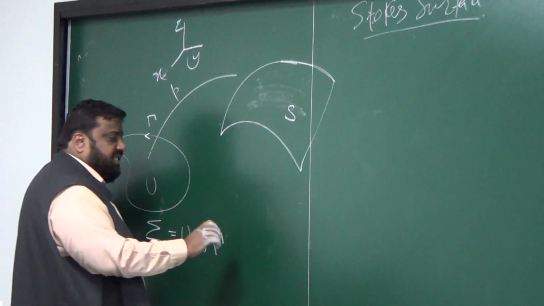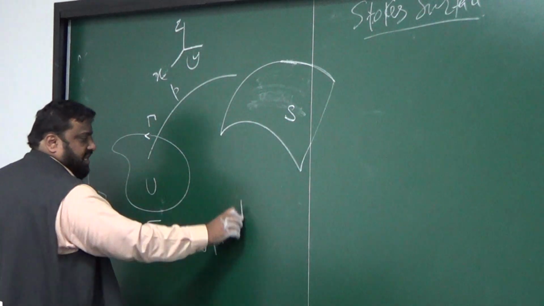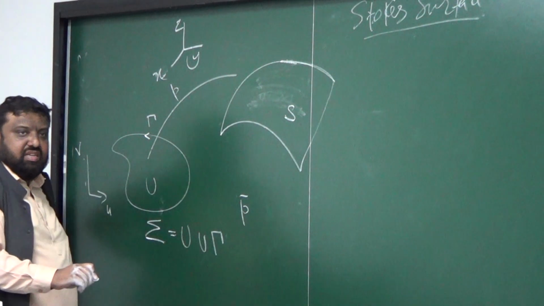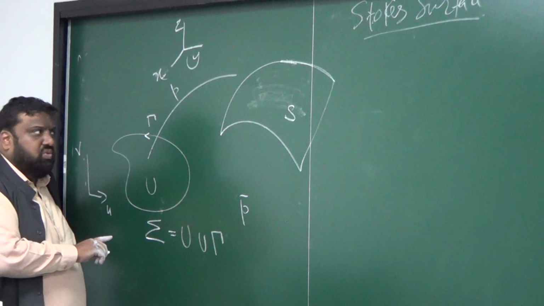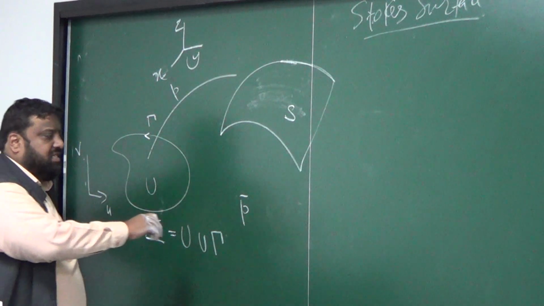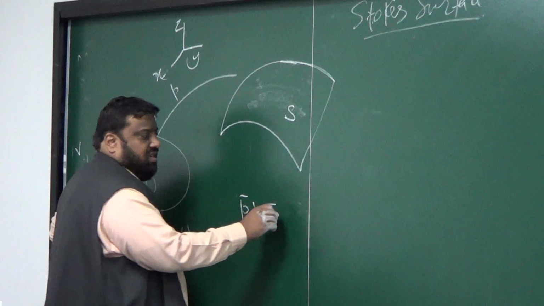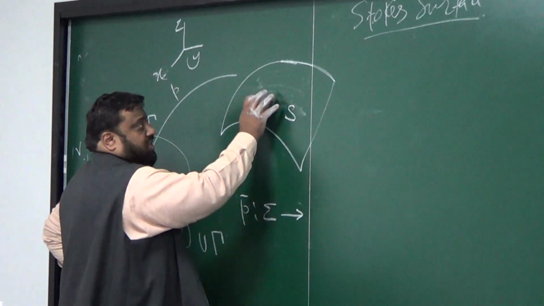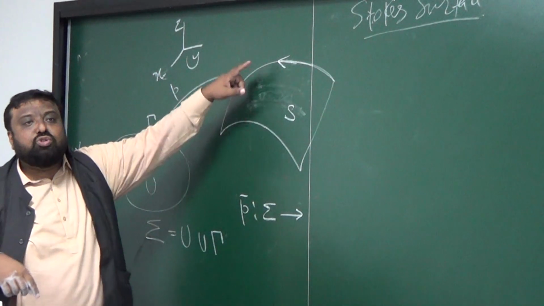And now let me define a map P tilde, or maybe P hat, that is not a map from U to S, but it's a map from sigma to this region. So this is a surface, and it's also going to have a boundary.